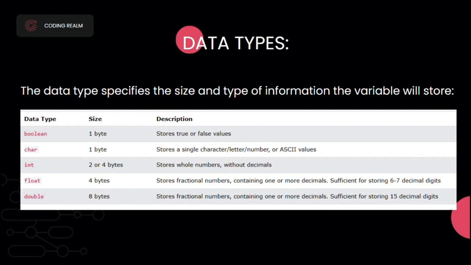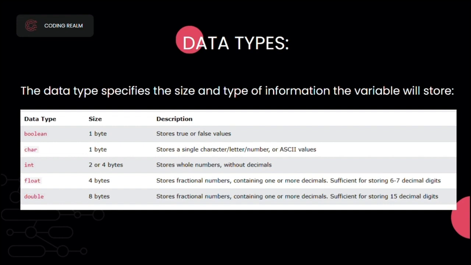Char has a size of 1 byte. It stores a single character or letter, number, or ASCII values. Int, or integer, has a size of 2 or 4 bytes. It stores whole numbers without decimals.